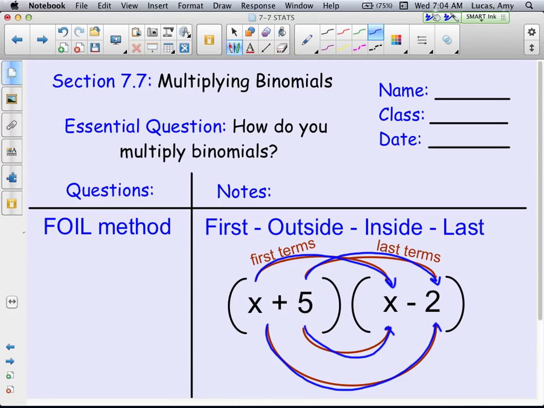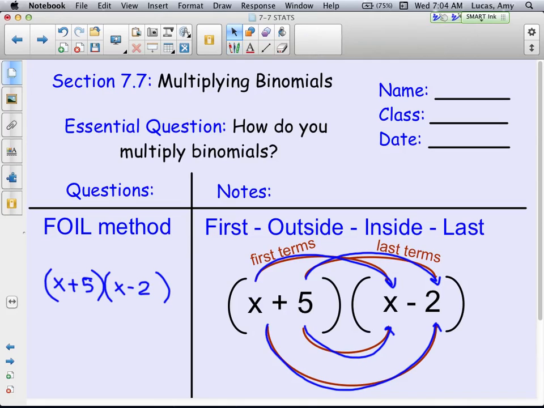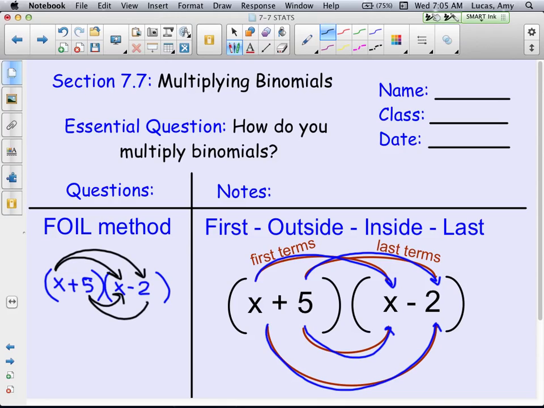Another way to connect them would be distributing. So you could think about distributing each term, and I'll show that over here in case you don't like the smiley face approach. Distributing each of them, you would start with the x and distribute first, outside, and then move to the next term, inside, and last.